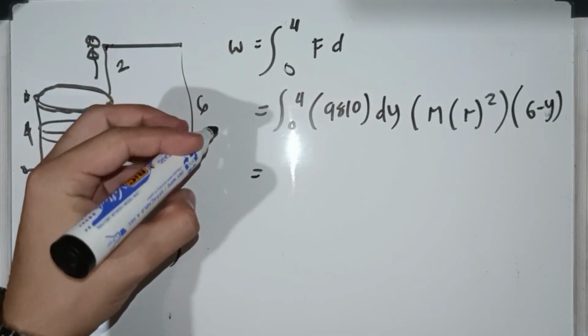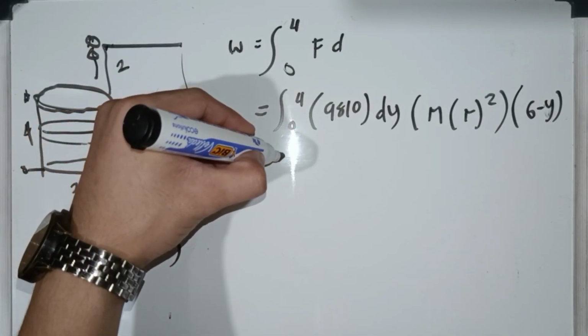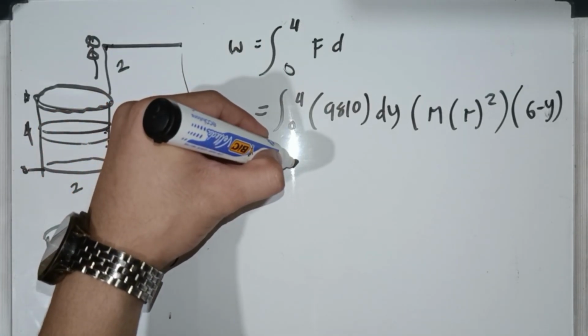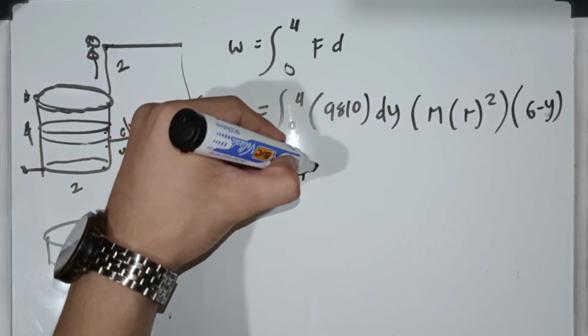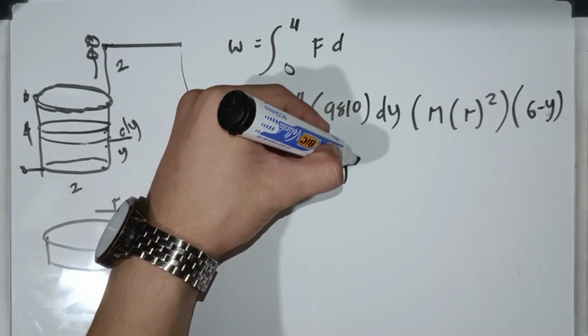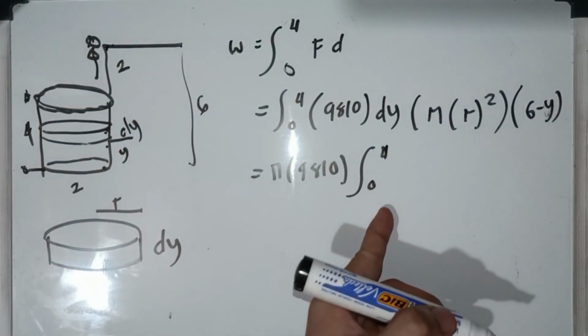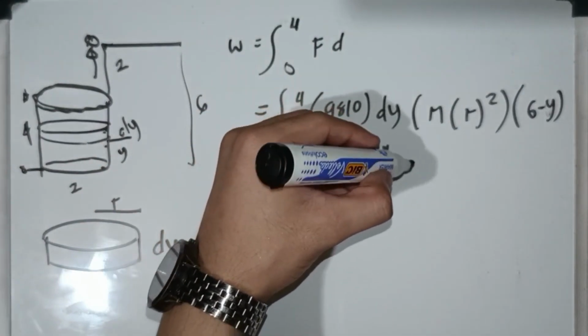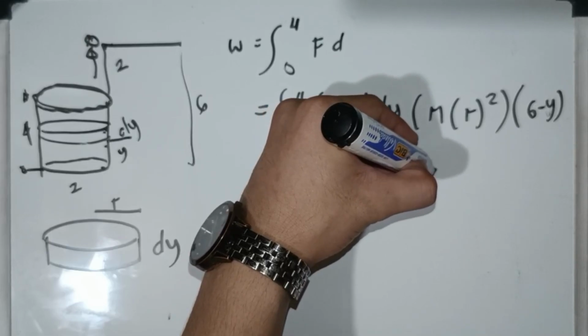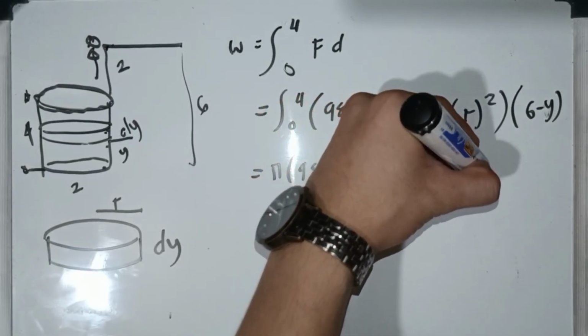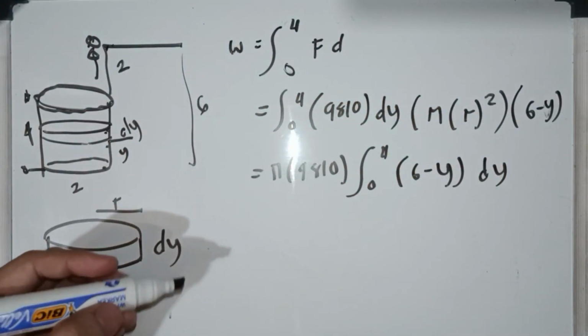So that is now equal to pi multiplied by 9,810, the integral from 0 to 4, and we have the y values, which is 6 minus y multiplied by dy. So let's integrate this.